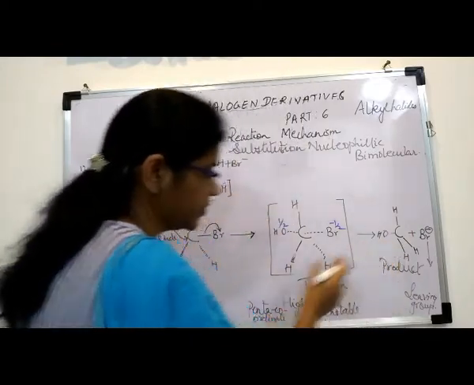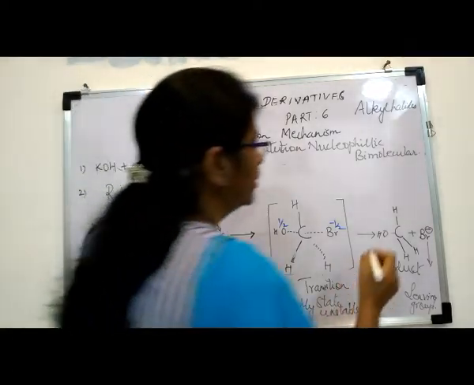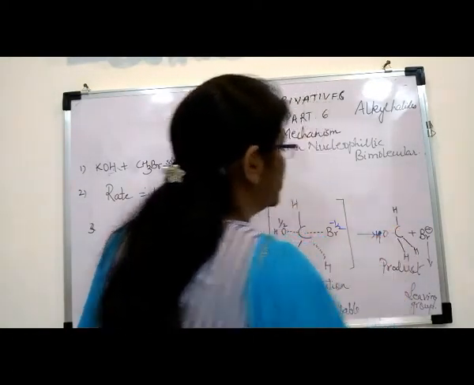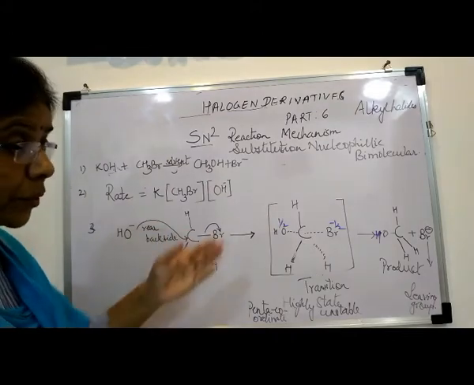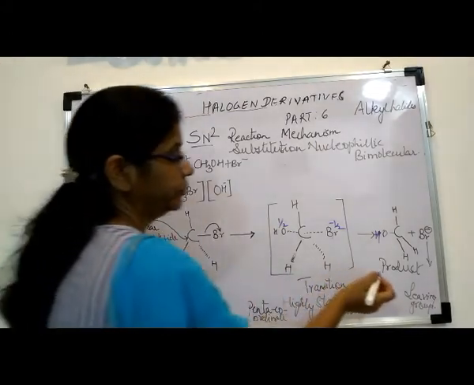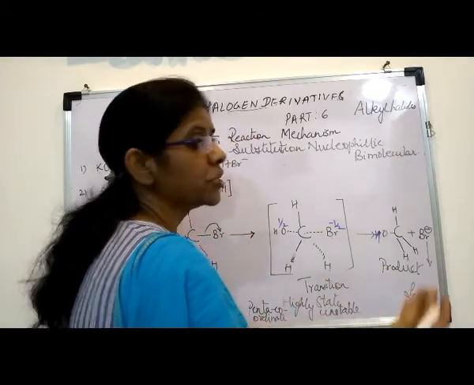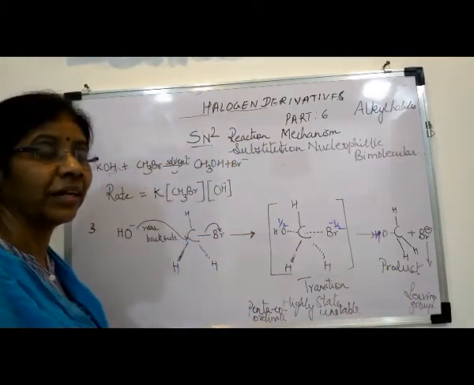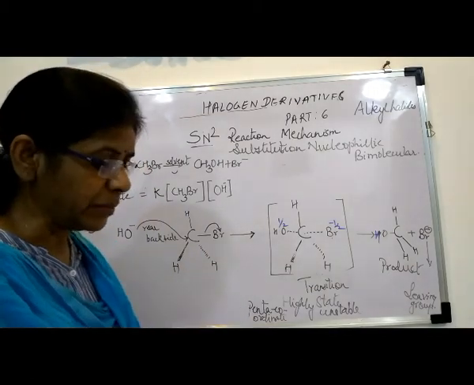But if you see my diagrams, my drawing is not too good, but even then, it is possible for you to understand. What is happening in this case now? The product that is formed is with inversion of configuration. Inversion. It is like you take an umbrella.